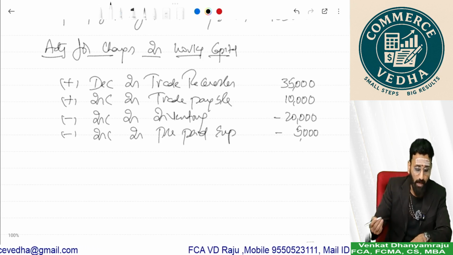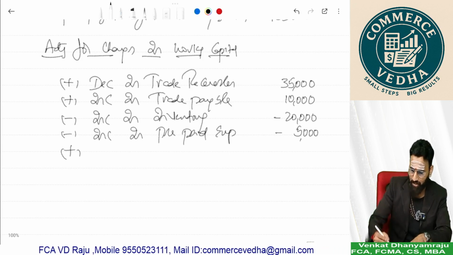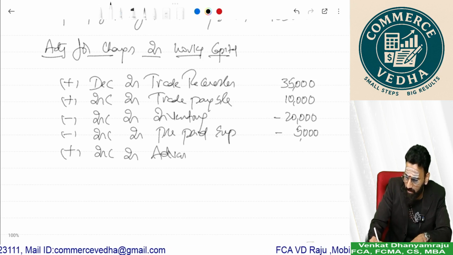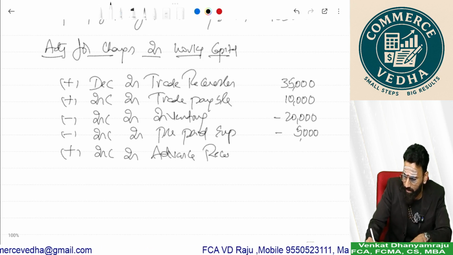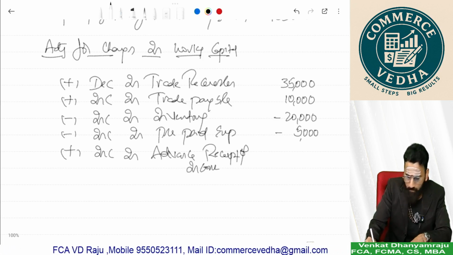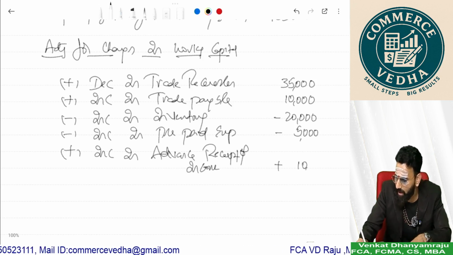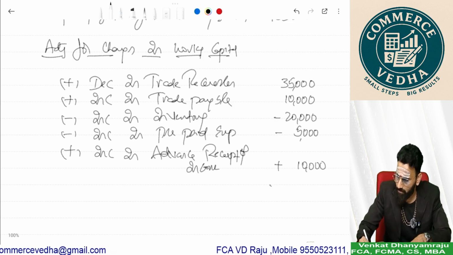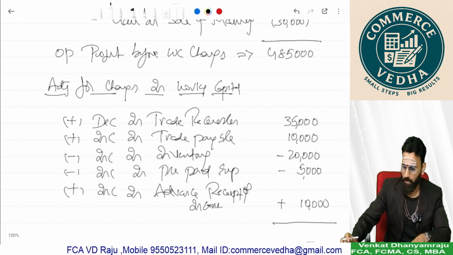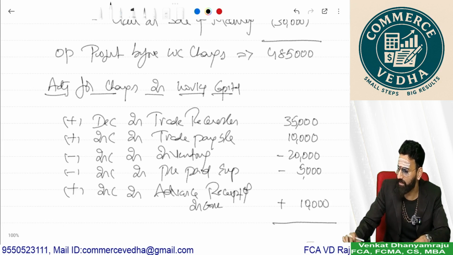And then income received in advance, you receive the cash. So increase in advance receipt of income, which is 10,000, I should add. So my profit before working capital changes, operating profit, is 4,85,000.